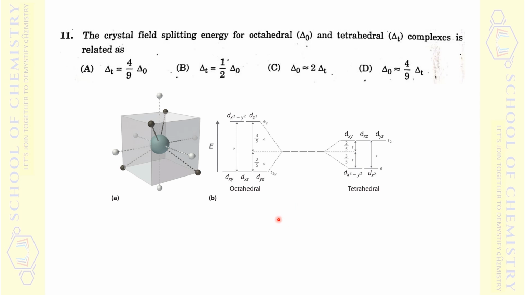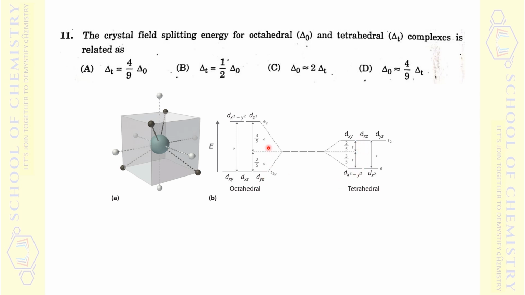If you look at the relative splitting, it will be of this kind. If d orbitals form an octahedral complex, the splitting will be more, and in a tetrahedral complex, the splitting will be less.